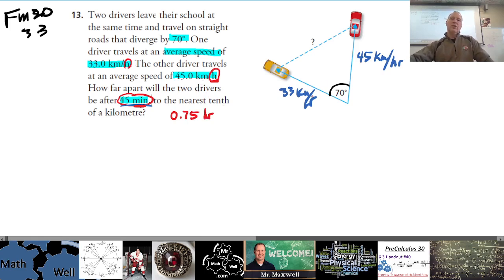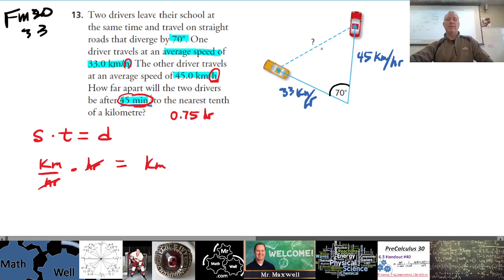Now, when we talk about speed and time, speed times time equals distance. How do I know that? Well, because kilometers per hour times hours, the hours cancel, so that equals distance. That's really what we're interested in.